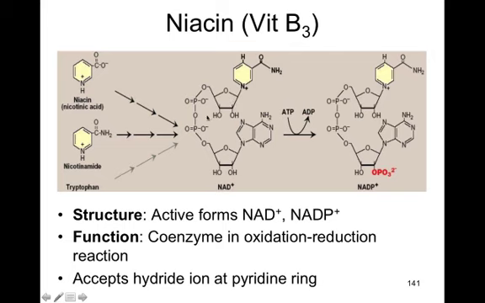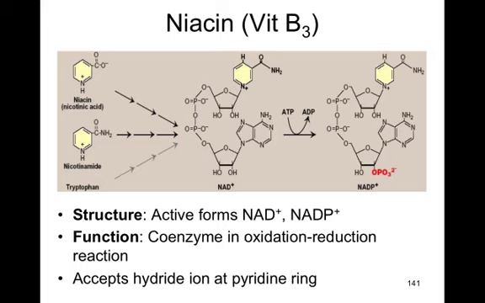So what you have here is nicotinamide nucleotide. So you have the nicotinamide ring here, you have the sugar, you have the phosphate. That makes it a nucleotide. Had you had a base, which is a nicotinamide ring, and just the sugar, that makes it a nucleoside. There is a big difference between a nucleoside and nucleotide.